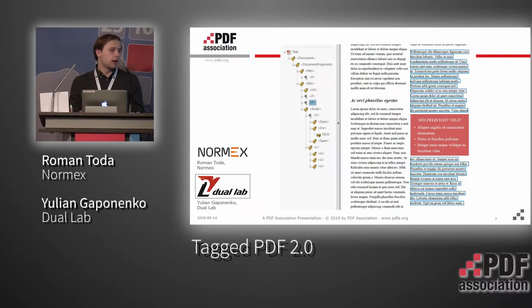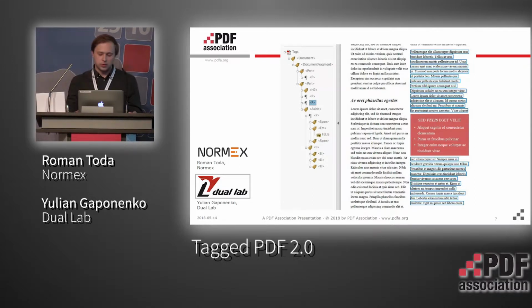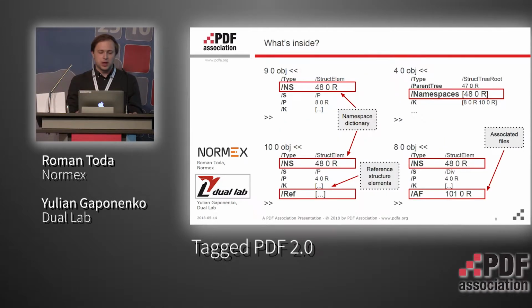Here you can see another document that is tagged with the new tags, like Document Fragment, which is probably the new one, Em, and so on. So let's have a look inside.